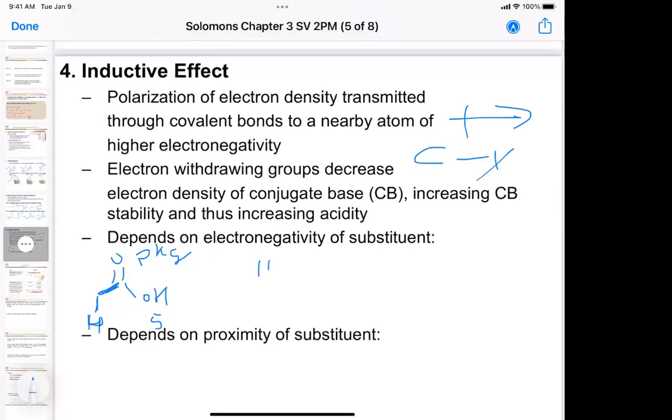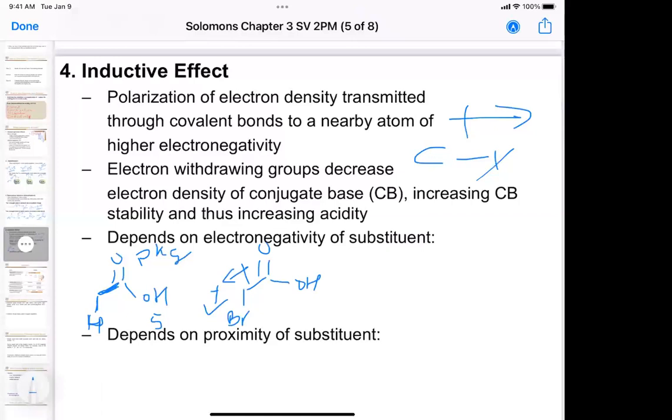But if we were to add an electronegative element to it, like bromine, now we have a polar bond going in this direction, and inductively it's generating a slightly more polar bond between the carbons because it's pulled some of that electron density away from one of the carbons. That carbon is slightly more electronegative than it was, and pulls away.